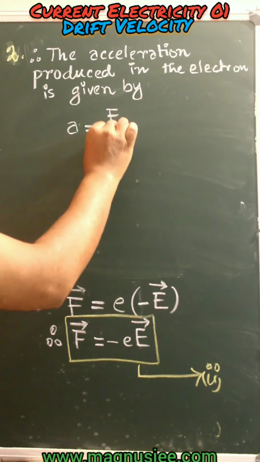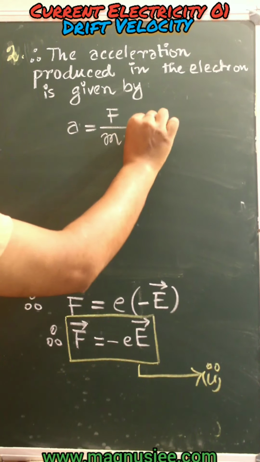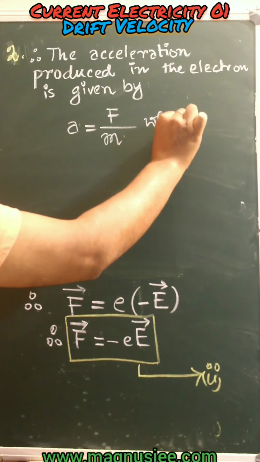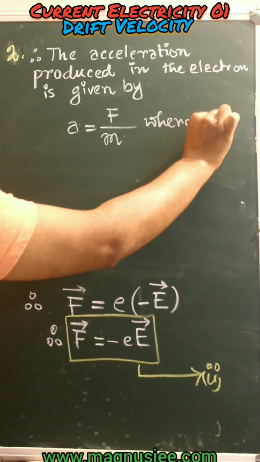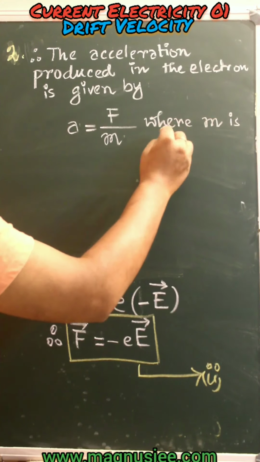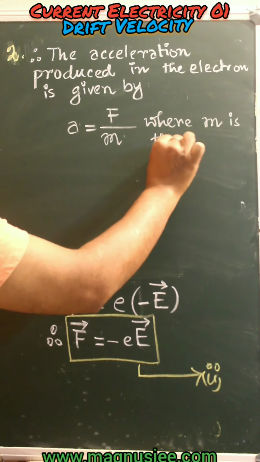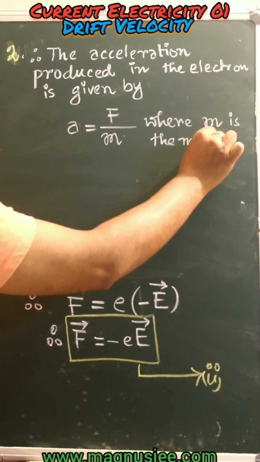Force by mass is the acceleration, where m is the mass of an electron.